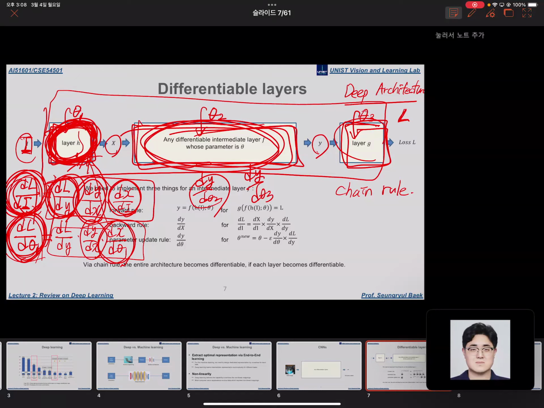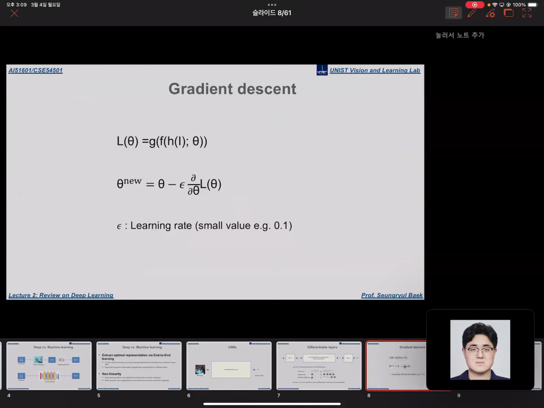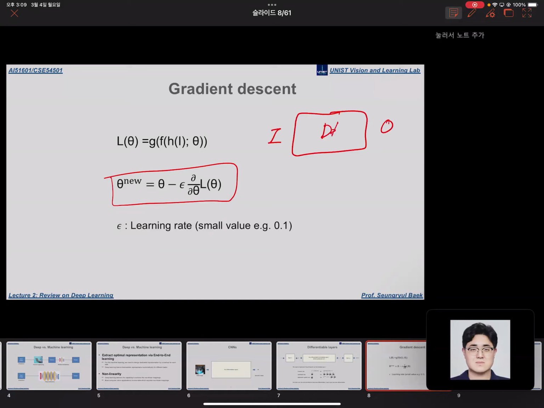And the reason why we have to do this is as follows. We have the input and output, and this is the deep learning architecture, which is differentiable, and let's say its parameter is theta.